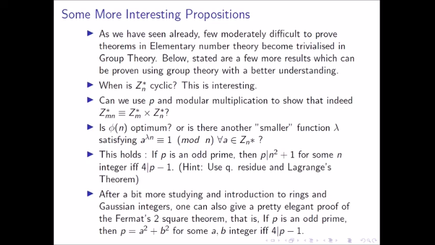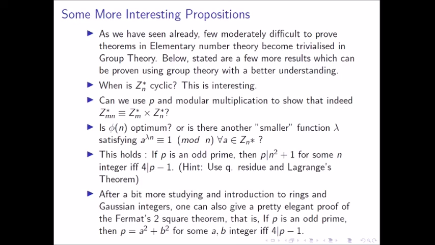This result with a bit of Gaussian integers, if you know already about them, is very good. And if you don't know, it would require some ring theory to do it properly. You can use those results to give a more elegant proof of Fermat's two-square theorem. It has a pure number theoretic proof and an analytical number theoretic proof, but it also has an algebraic number theoretic proof using group theory.